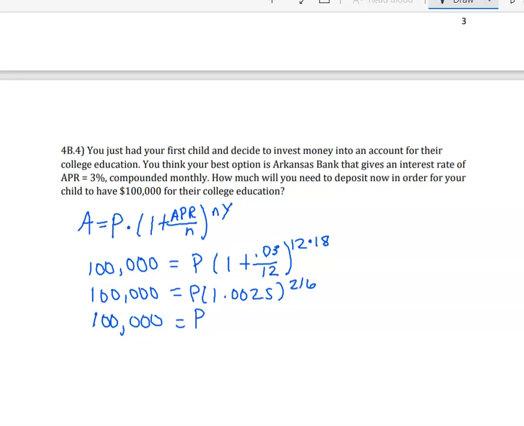actually we could just leave it like this. So if I divide both sides by 1.0025 to the 216, this is going to cancel with this.